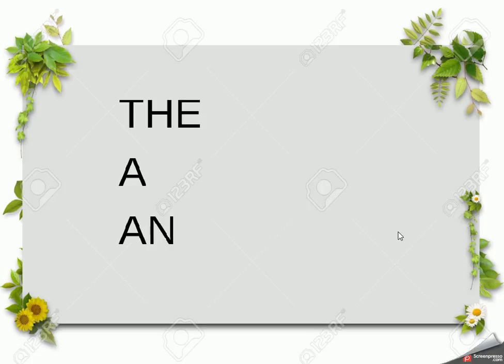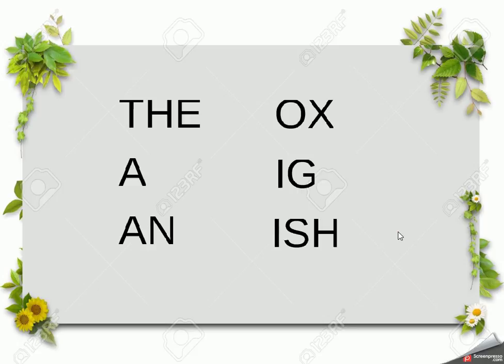And "an", which is exactly the same as "a", but if the next word starts with a vowel, A, E, I, O, or U, we use "an". And then the sounds we learned are "ox", which is o and x, "ig", which is I and g, and "ish", which is I, s and h.